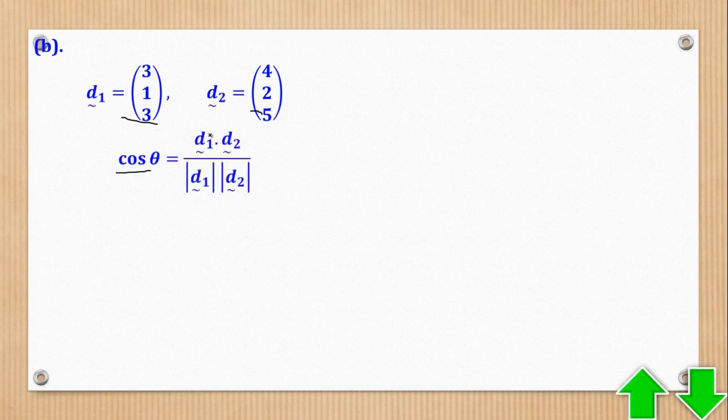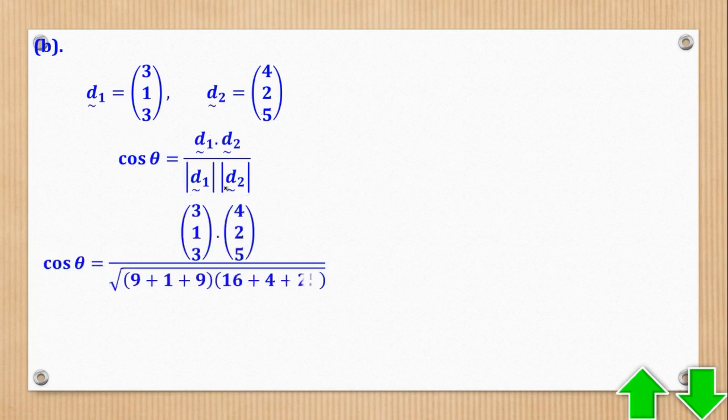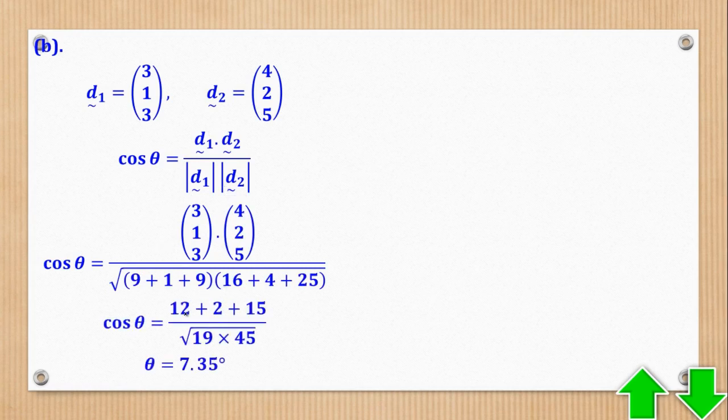Cos theta is equal to d1 dot d2 over magnitude of d1 magnitude of d2. Therefore come and substitute. Simplify and get the value of theta. That was part B. What about part C?